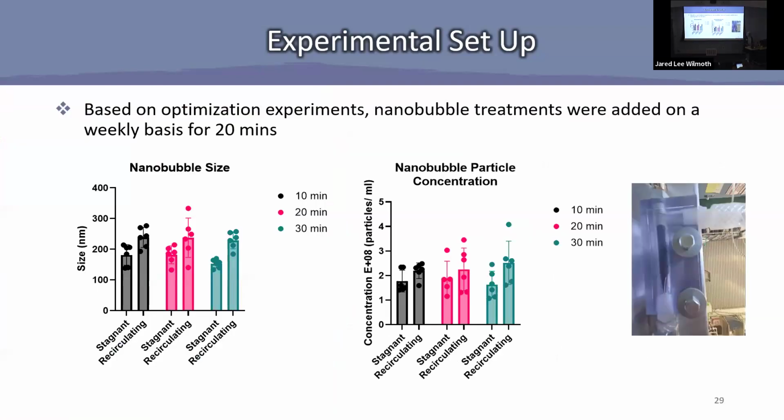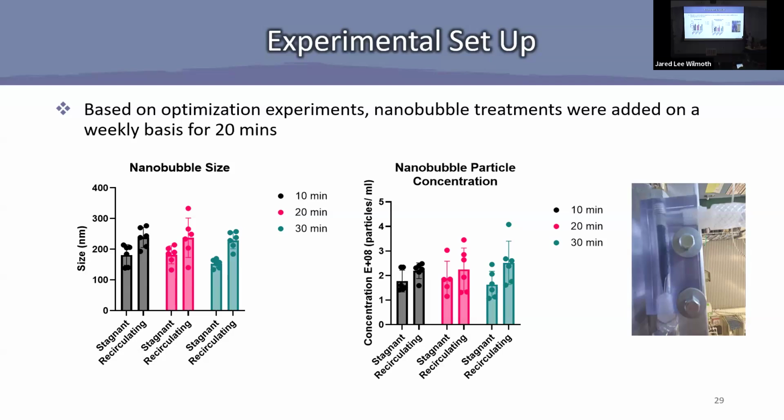Very briefly, before continuing with the research, we needed to see how long we should be adding the treatments for. It's not like an air stone that you can turn on and have going continuously, and I don't show that data here, but if you're interested, we can talk about that after the presentation.